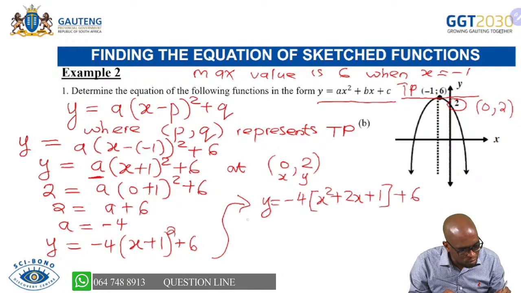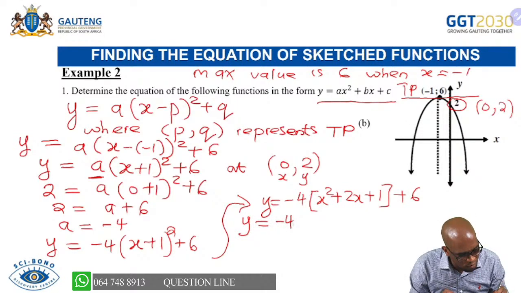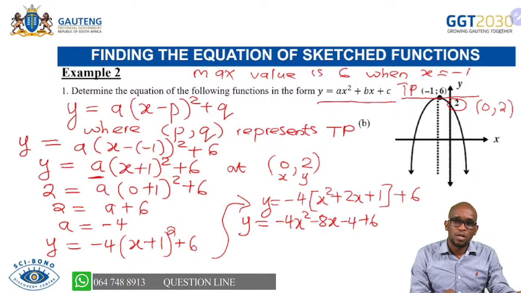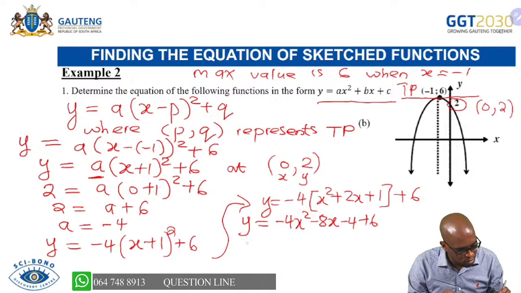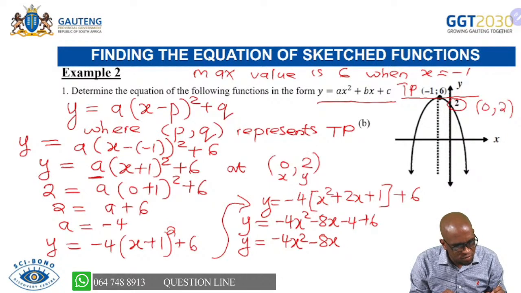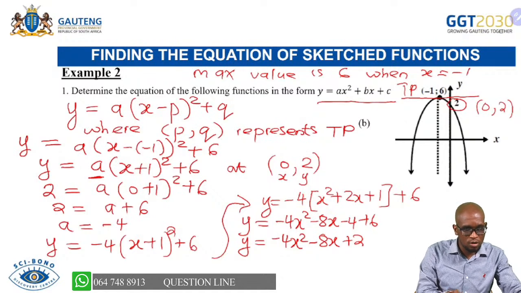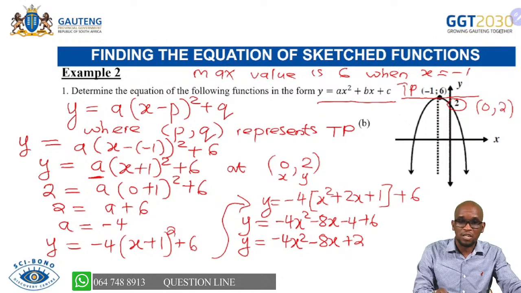Now using the distributive law, I'll distribute the -4. I get -4x squared minus 8x minus 4 plus 6. We now simplify this further: -4x squared minus 8x minus 4 plus 6 gives us +2. And that should represent the equation of that particular quadratic function.